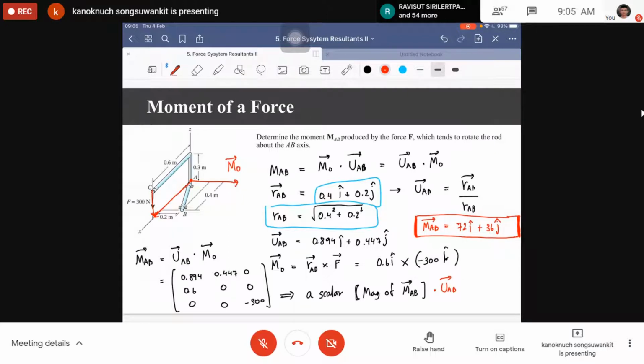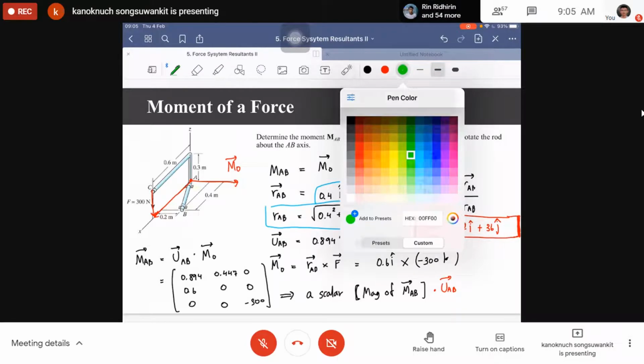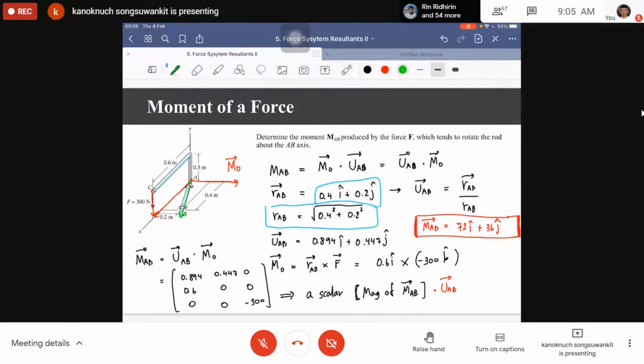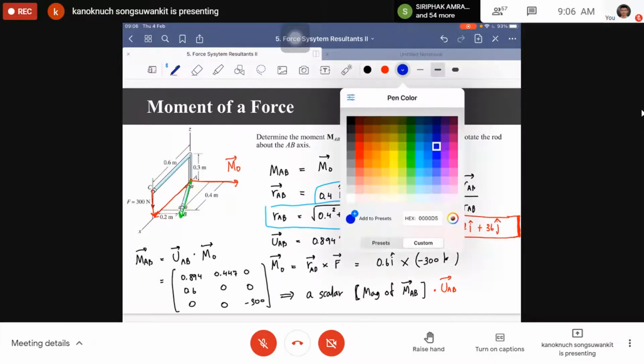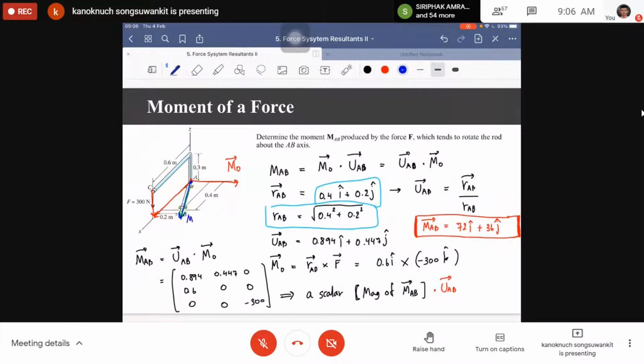But after we dot with UAB, the moment becomes MAB in this direction. Because the magnitude that you find from this matrix is positive, the direction is along the UAB that you first defined.